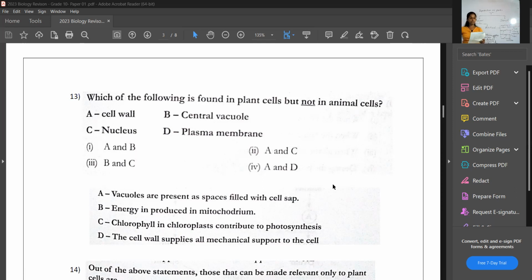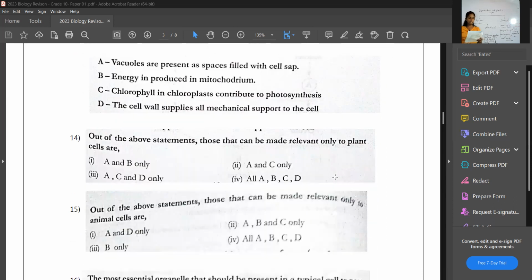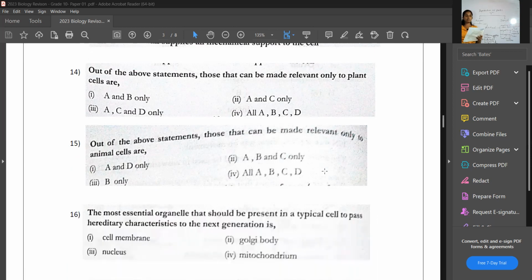The organelles that we can find in plant cells, that is A and B, cell wall and the central vacuole, right? Question number 14, only to plants, A, C, D, only A, C, D, third answer.